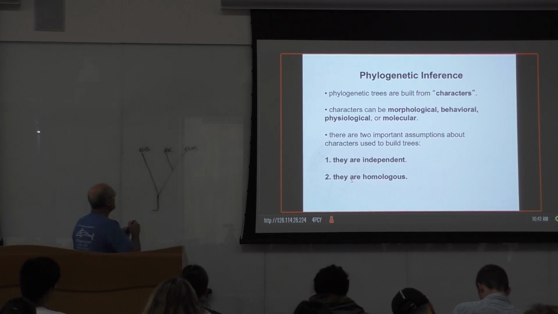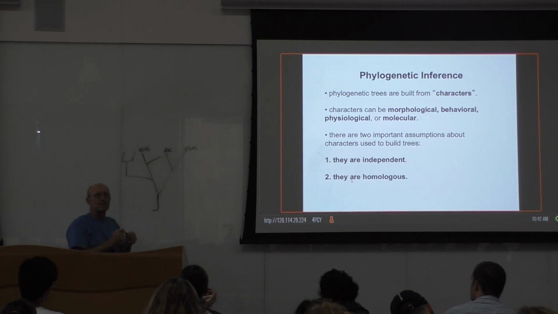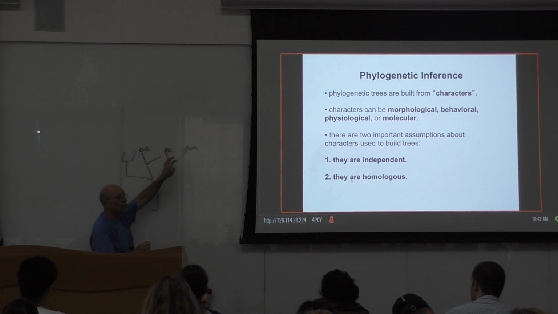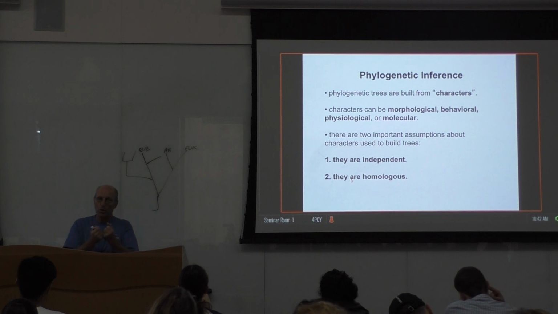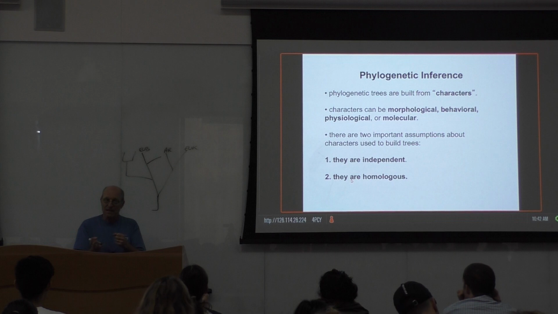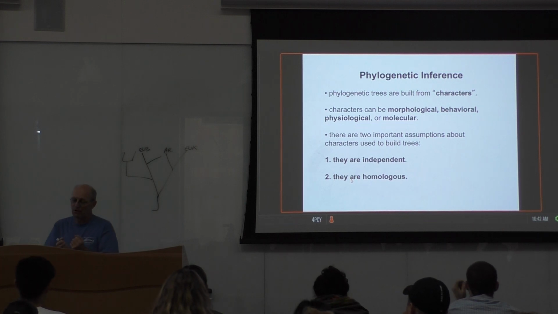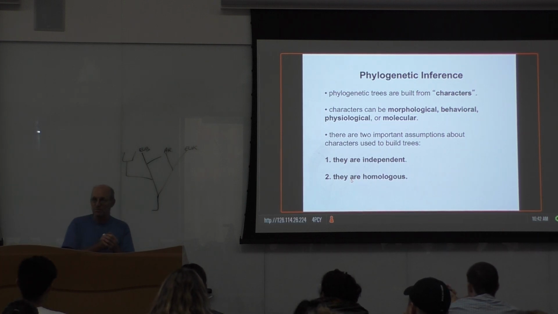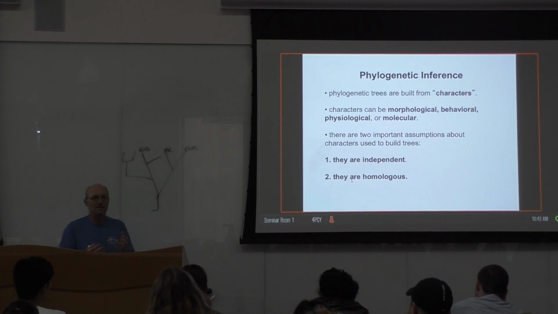So they have a tree that is really complicated and is something like this, and you have all these different songs, right? And so they have this complex of frogs that have different songs, and what they do is that they record the songs, and then they play them back to the females, and the females are attracted to the songs of the males of their own species. However, when you play the songs of males of a different species, the females are not reacting at all because the females recognize the males of their own species.